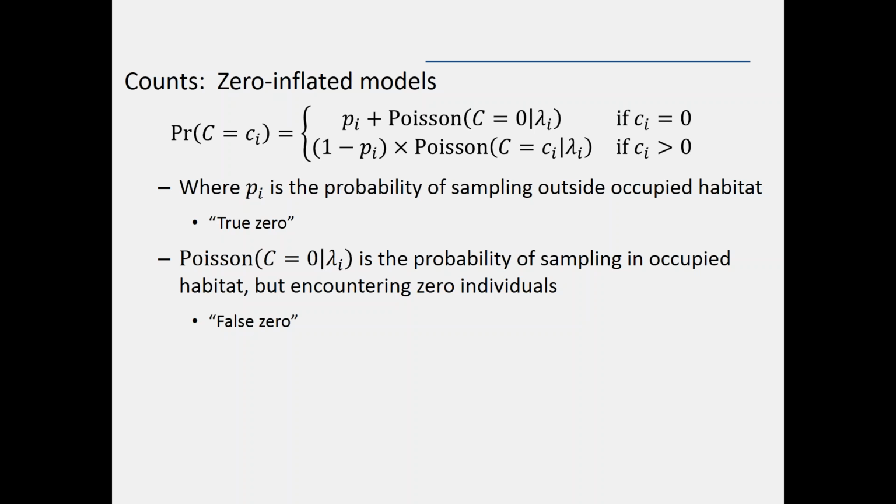And then sometimes you get a 0 from the probability mass function, which represents times when you're sampling in the occupied habitat, and you still get a 0. And so Martin wants to call those false zeros. I think that dichotomy doesn't really make that much sense, but people still talk about it.